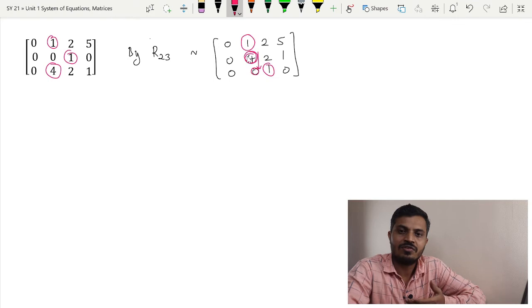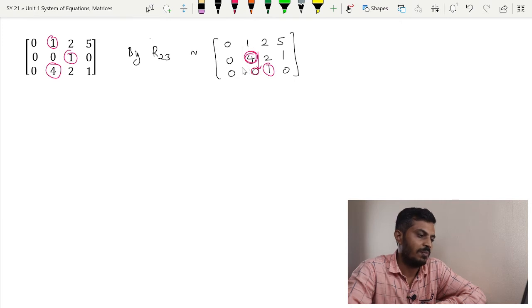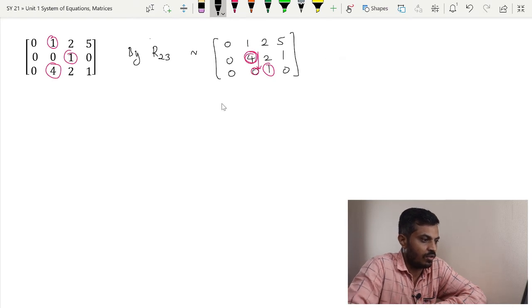If that entry was not 1, then we would have made it 1 by doing some row operations. But in this case it is already there, so directly I will perform the operation. Can you guess? R2 minus 4 times R1, 0.